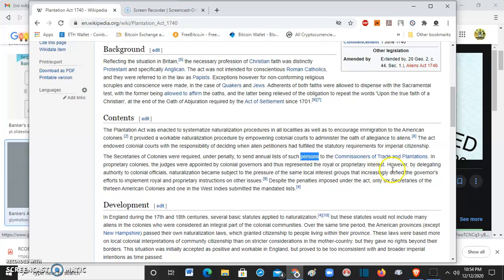You feel me? However, by delegating authority to colonial officials, naturalization became subject to the pressure of the same local interest groups that increasingly defied the governors' efforts to implement royal and proprietary instructions on other issues. Despite the penalties imposed under the Act, only 6 secretaries of the 13 colonies and 1 in the West Indies submitted mandates.